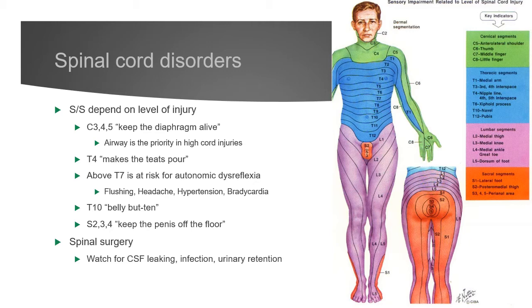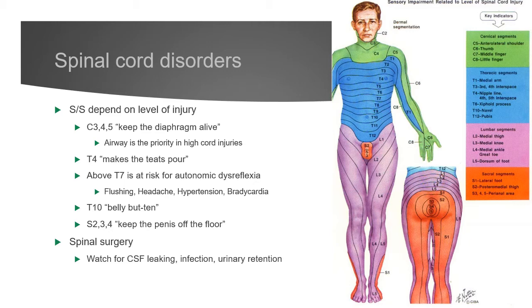Surgical repair is done for certain spinal injuries or spinal problems, as well as sometimes for acute spinal cord issues. And it's important for us as nurses to monitor respiratory rate, vital signs, their neuro status, both central and peripheral neuro status, and pain.